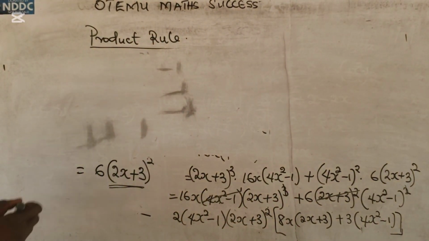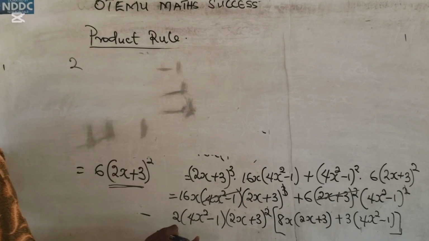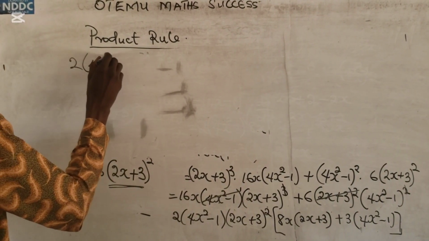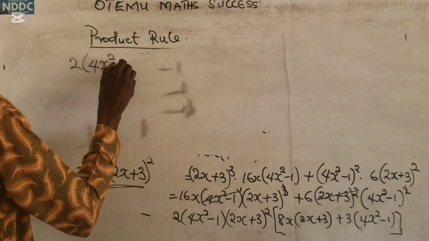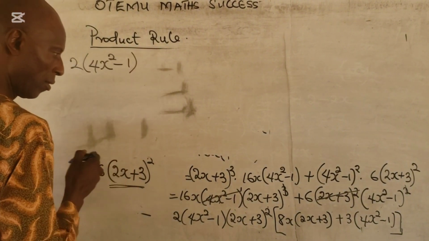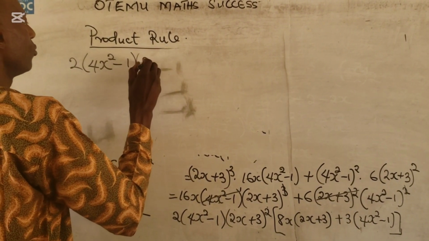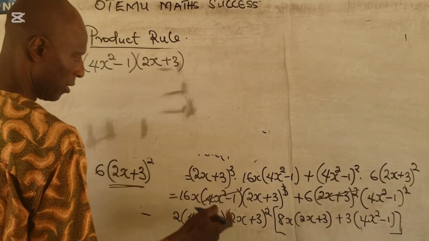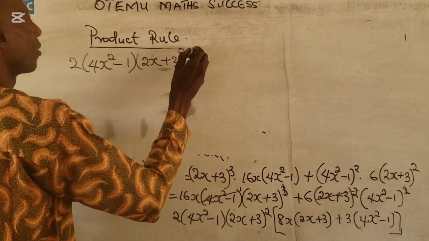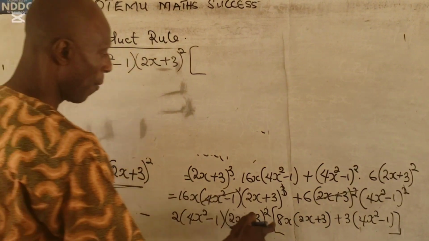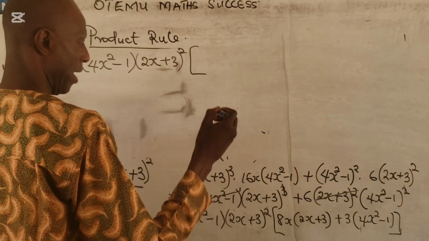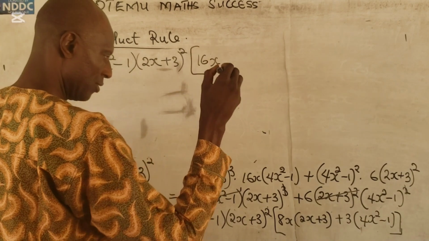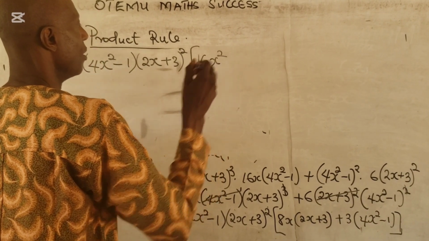So now here is 2 into (4x^2 - 1) into (2x + 3)^2 into, when you open this bracket, 8x times 2x gives us 16x^2.